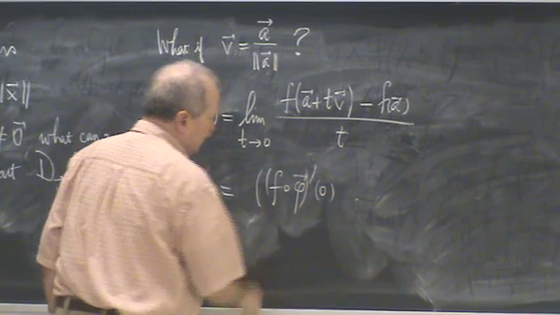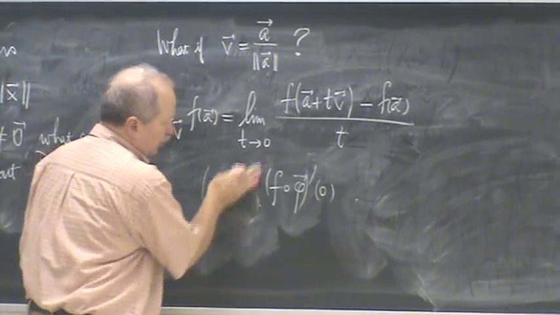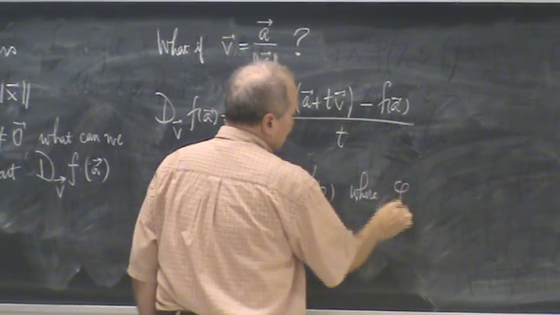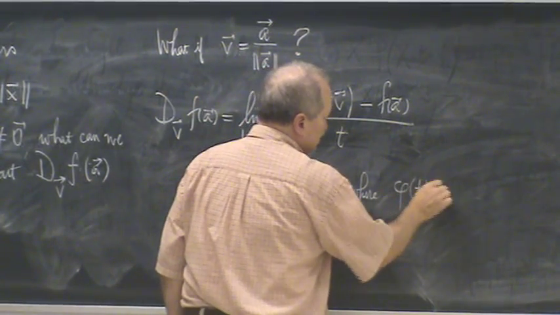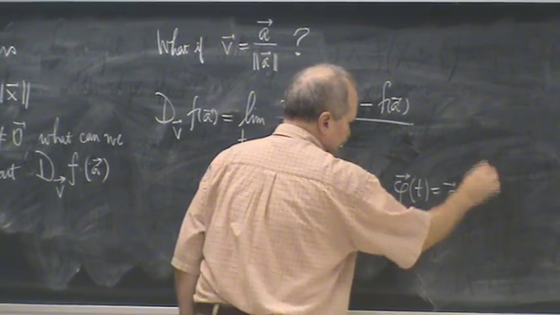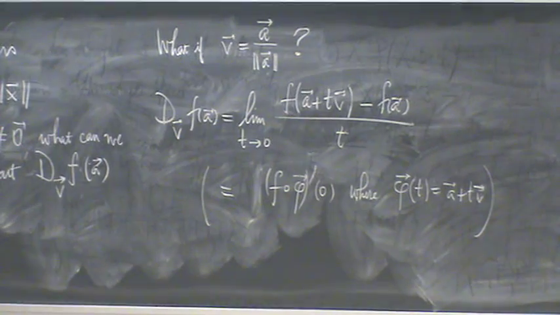So we could take the derivative at time equals 0 of the function where you plug in the parameterization of the line, so that would be A plus tb. Same thing, it really doesn't much matter.